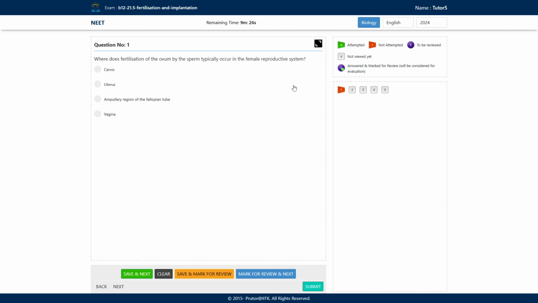So fertilization is internal in case of humans. Okay. What are the options here? Cervix, uterus, ampullary region of the fallopian tube, and vagina.